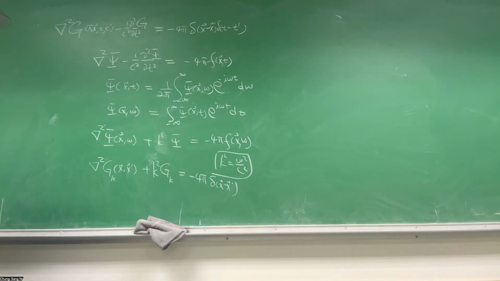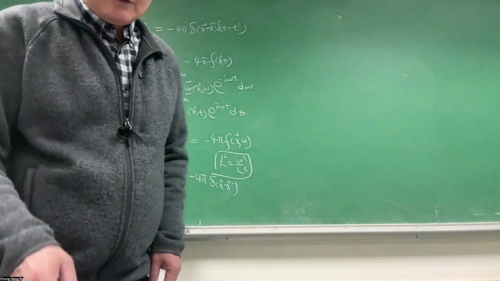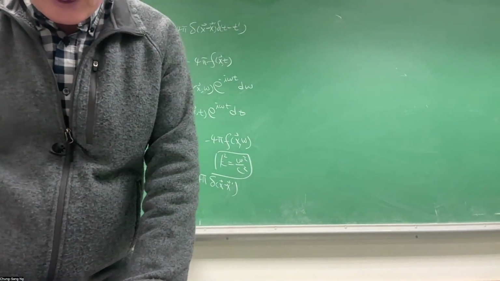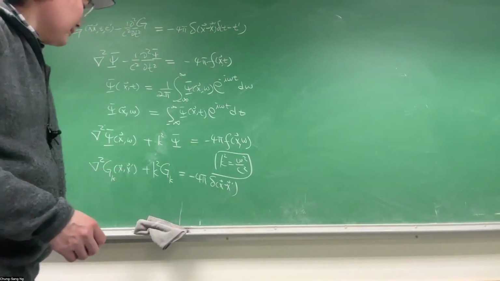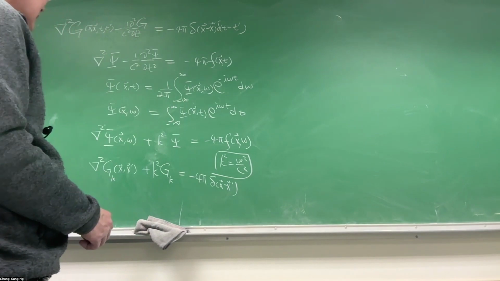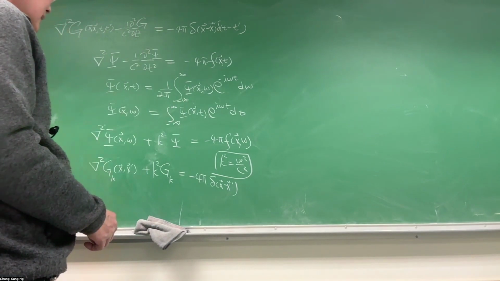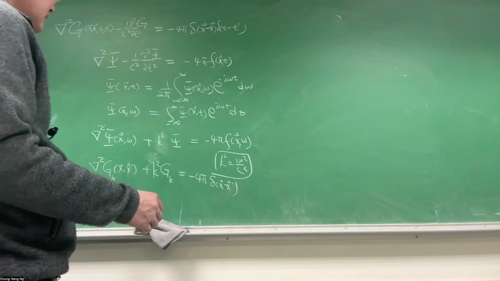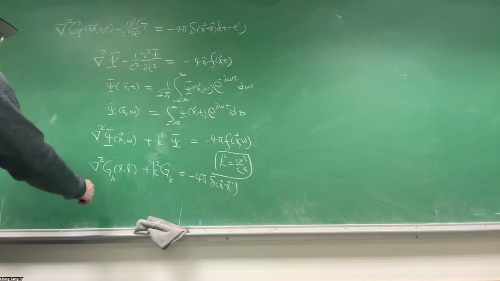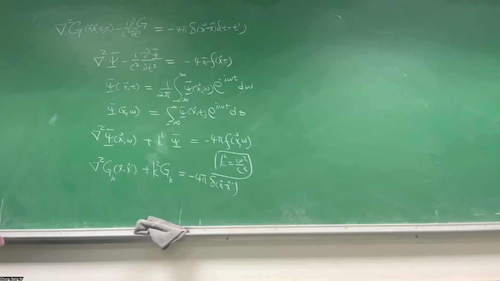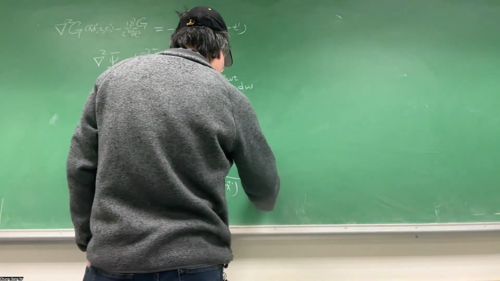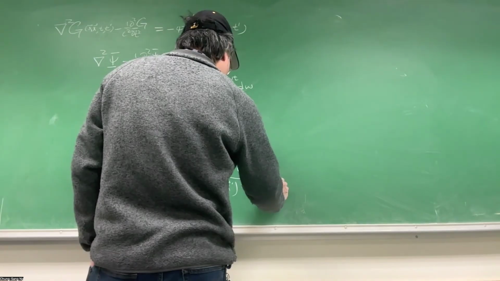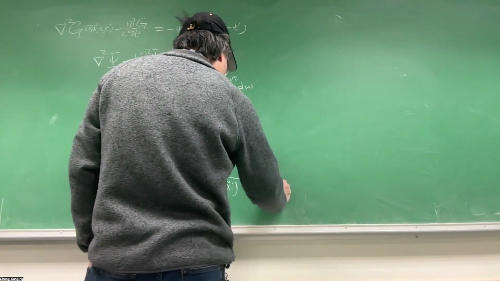Right, and now we try to solve that by making a certain argument. We consider free space, and by the symmetry, just like when we solve the Green function for the Laplace equation or the Poisson equation, the Green function should only depend on the magnitude of this vector.